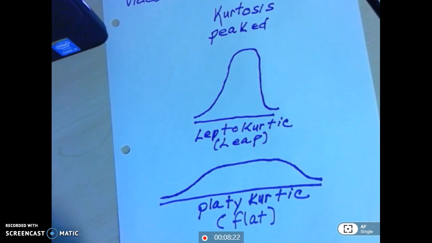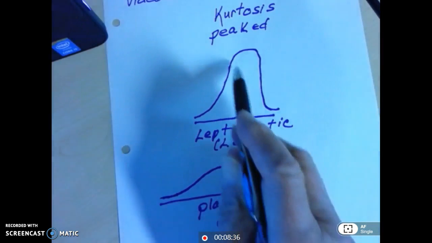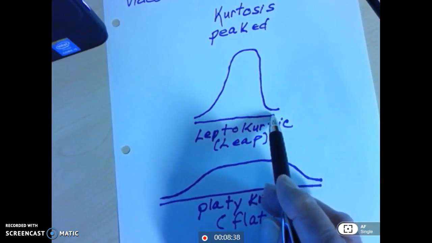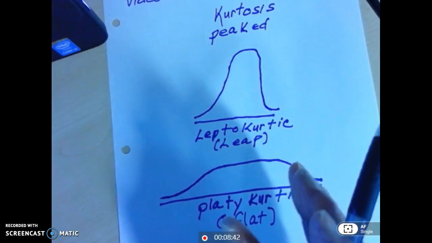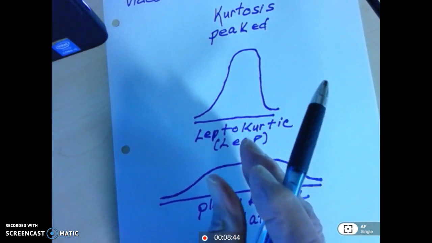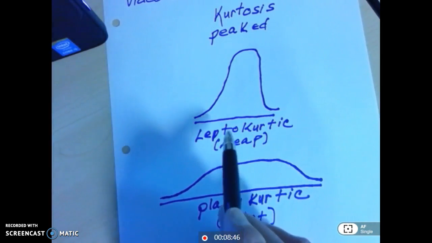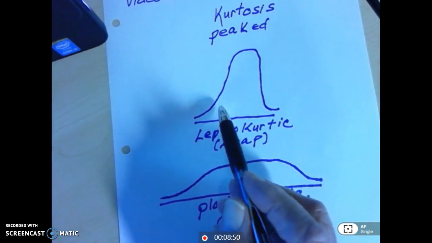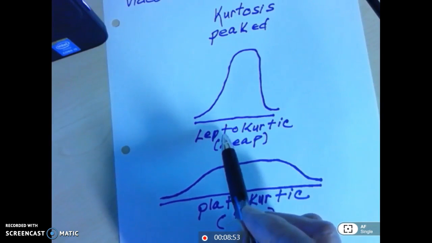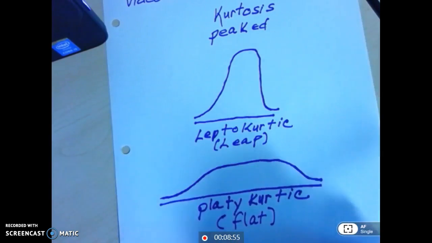Kurtosis refers to how peaked the curve is. The data and the standard deviations would be squeezed together, and lepto means to leap. So associate leap and lepto with a higher curve.